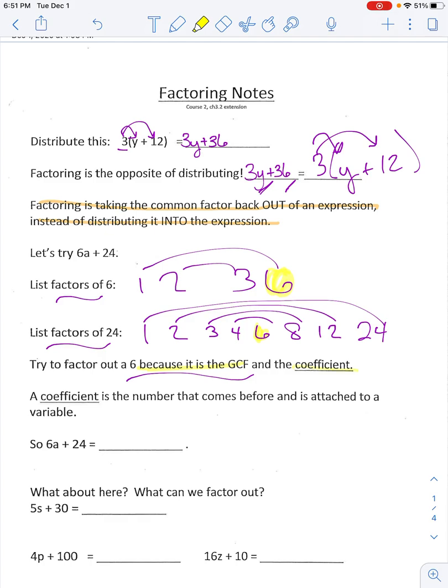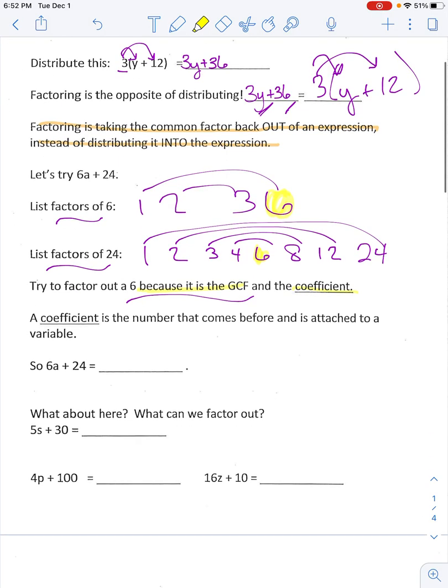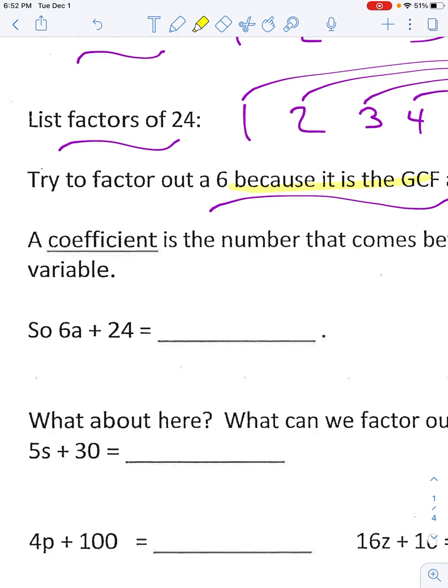It's also the coefficient. Remember, the coefficient is the number in front of the letter. Okay, now that we've decided what number we're factoring out, we'll try it. We're right here, 6a plus 24. We're going to factor out a 6 because that's what 6 and 24 have in common.